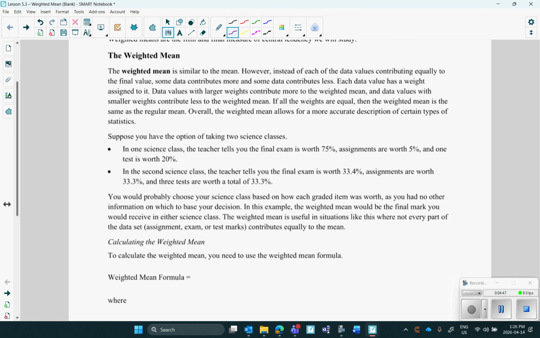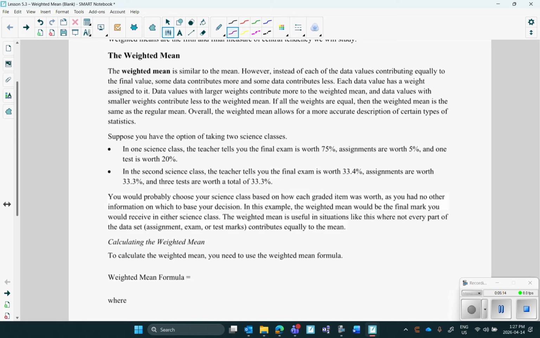Basically, I'm not going to talk about this whole first section here because I've talked about the weighted mean. But here's an interesting question. Let's say you have a choice between two science classes. In one science class, the final exam is worth 75%, assignments are worth 5%, and there's only one test worth 20%, for a total of 100% of your coursework.